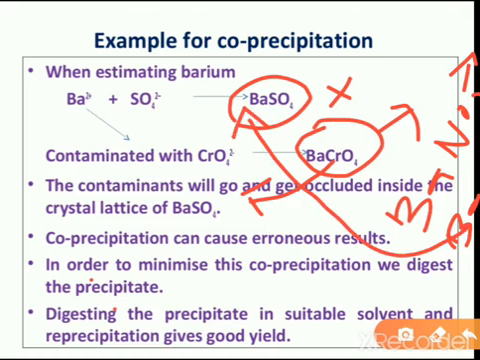So it gives the negative error, that is, weight gets lost.